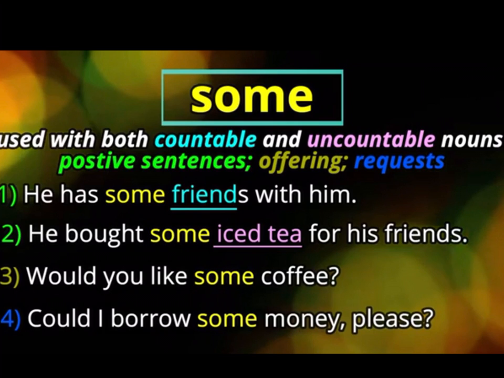Now let's look at the first example. He has some friends with him. Friend, as we know, is a countable noun, and this is a positive sentence. Number 2, he bought some iced tea for his friends.